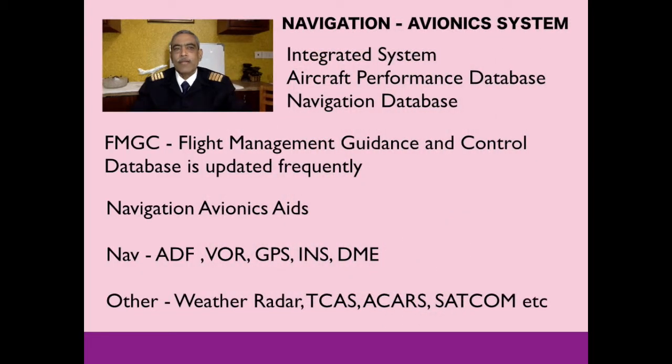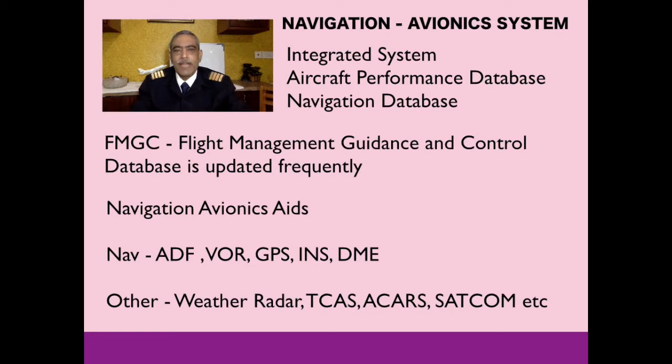Let me cover what this navigation avionics system integrates. As I told you, it is an integrated system. It contains the aircraft performance database as to how much fuel it's going to consume, what speed it's going to get, if the temperature were to be high, how much it can go, how fast it can fly, if the load were to be high, what is the range it can achieve, and one whole lot of information is contained in the aircraft performance database.